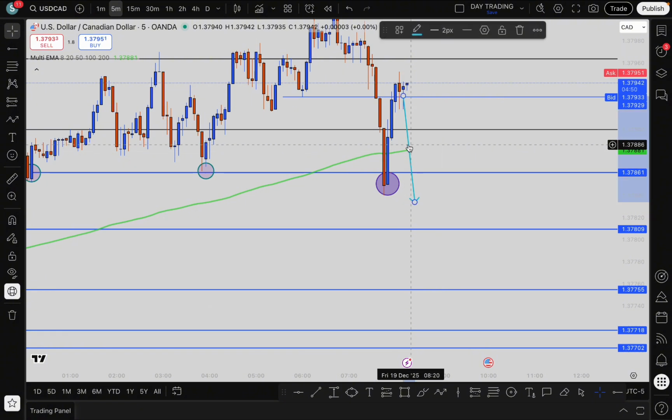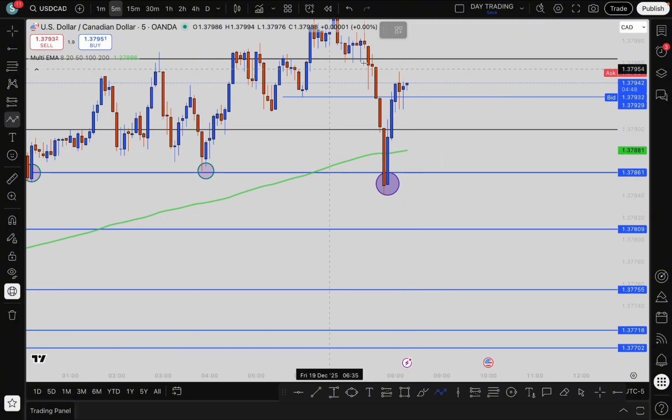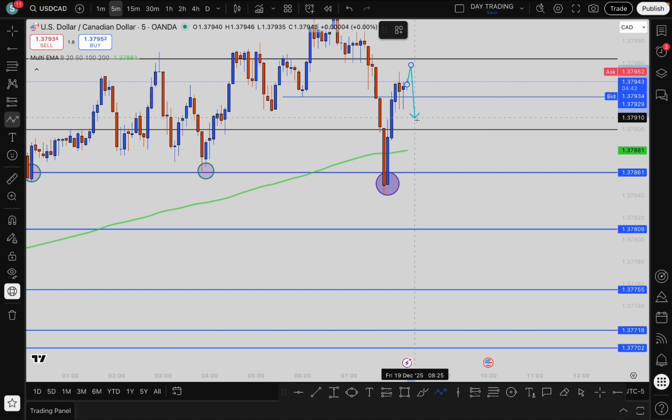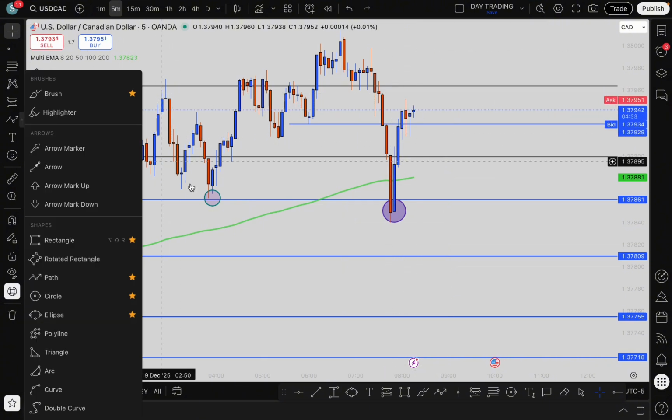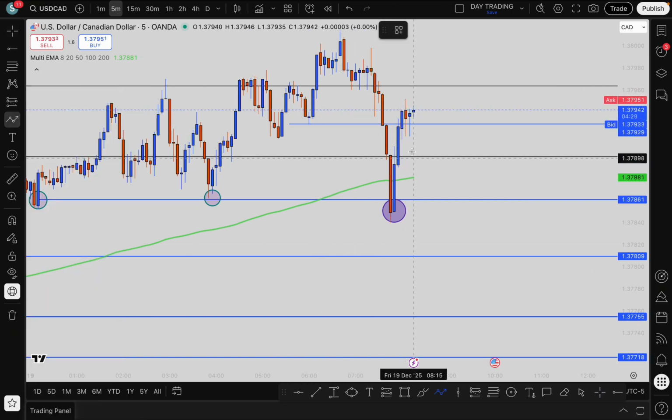It's not a really good risk to reward. So what I'm waiting for is something like this. If we even go up like this, it's still a lower high, and if we break right here, I can get in right here. It was looking something like this: go up, high, low, right?